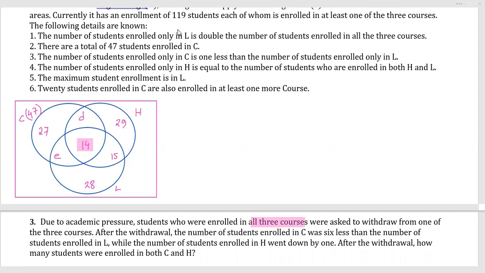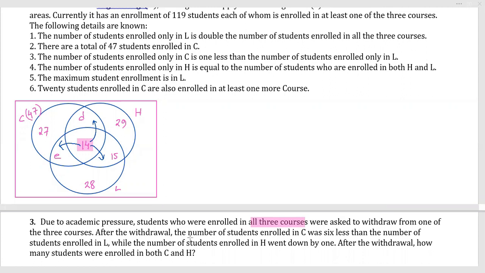And if that happens, then some students can go into that, some to these and some to these, because after withdrawal of one of the courses, they will go into exactly two courses. That's how the entire thing can happen.